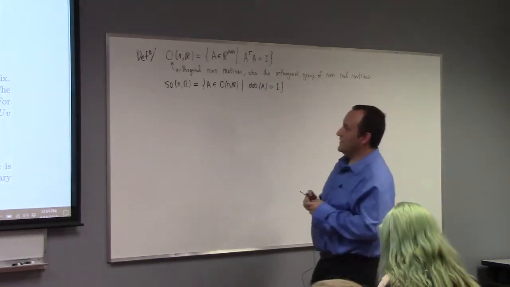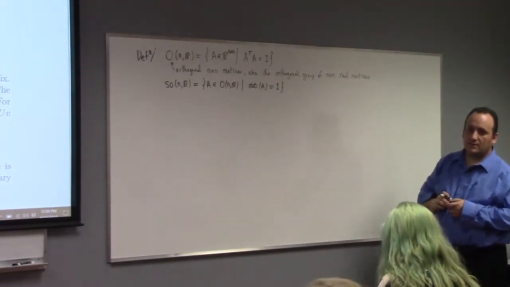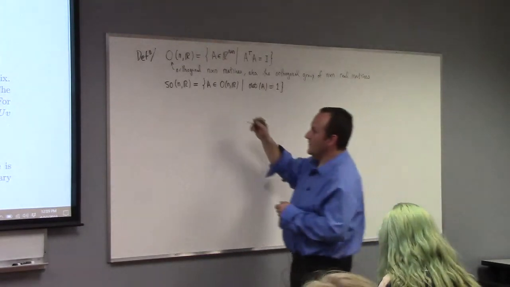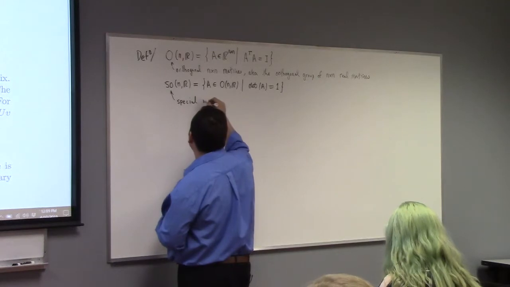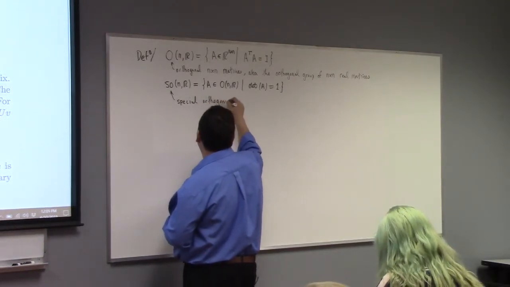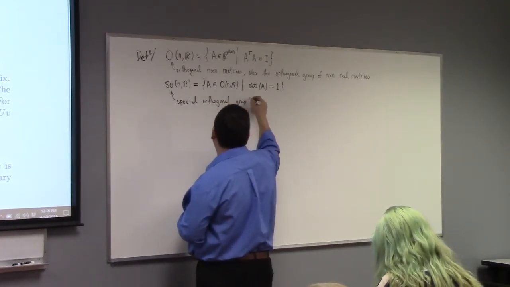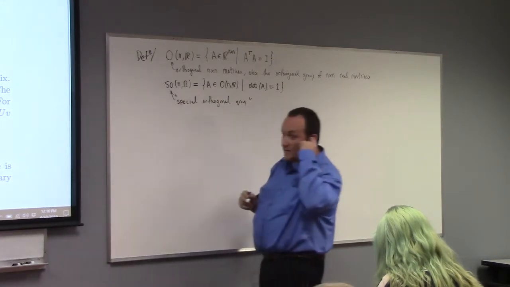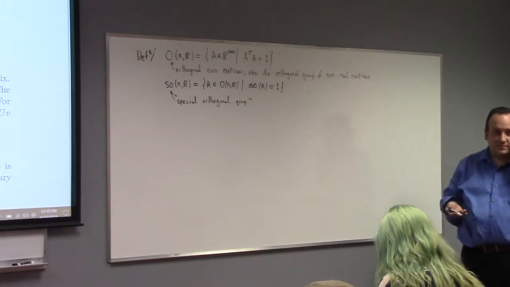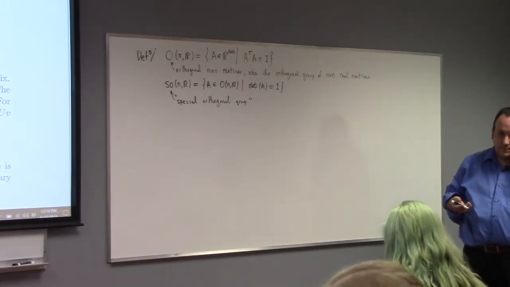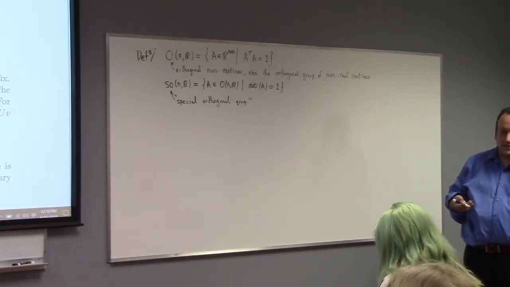In other words, to say that a matrix is in SO(n), which is the so-called special orthogonal group, the S is for special, is to say that it's an orthogonal matrix which has determinant 1. What are the possible values for the determinant of an orthogonal matrix?